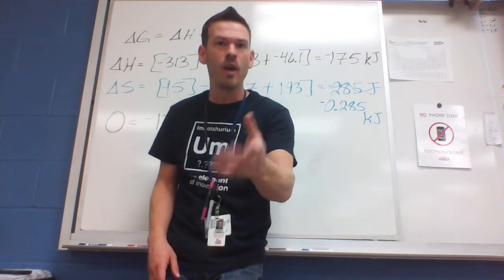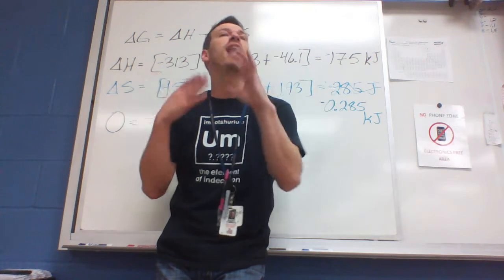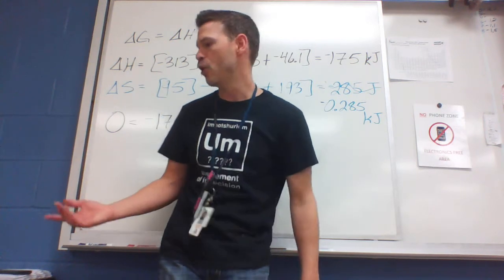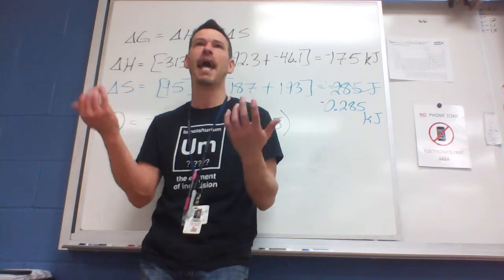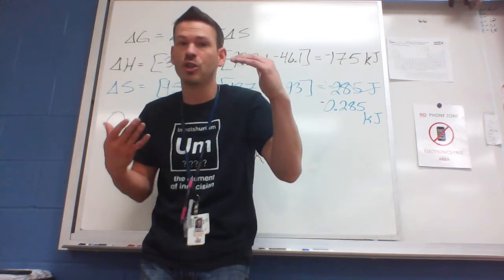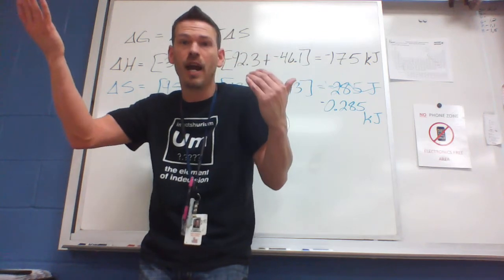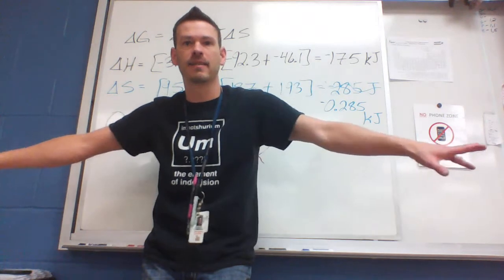But what we know is that whatever the sign of S is, the sign of G is the opposite. So in the first example, if you're looking at your slides, it forms a solid which makes S negative. If S is negative, we just know that G is positive, both of which support the fact that it's not spontaneous.